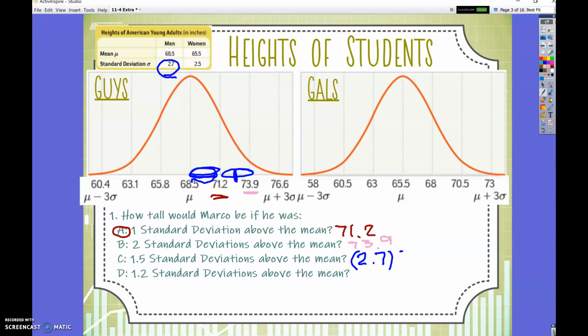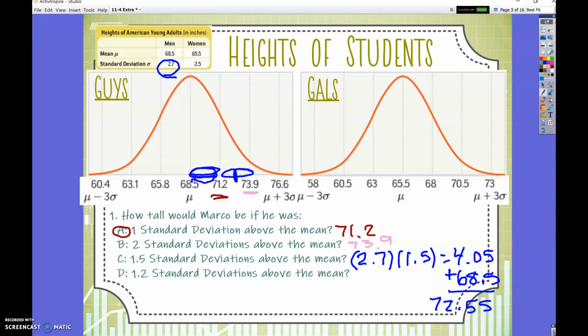We want the half. We're going to take that times 1.5. We get 4.05 by multiplying his 1.5 standard deviations times what each standard deviation is worth of 2.7, we want to add that to the mean of 68.5 because that was from average. So that would give us 72.55. That's how many inches he would be tall.